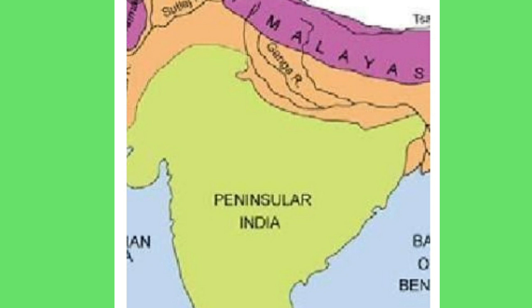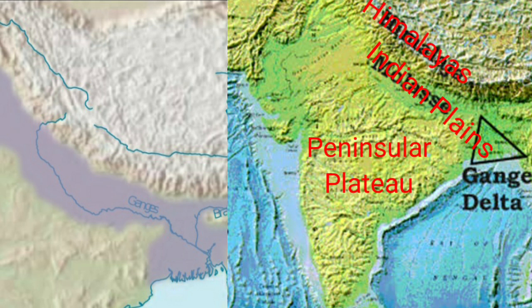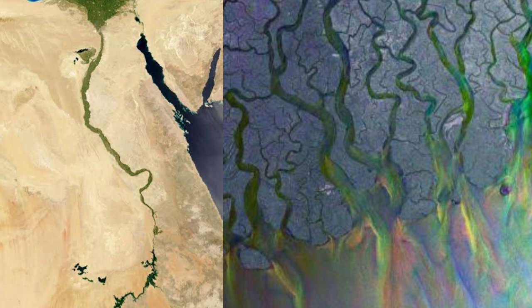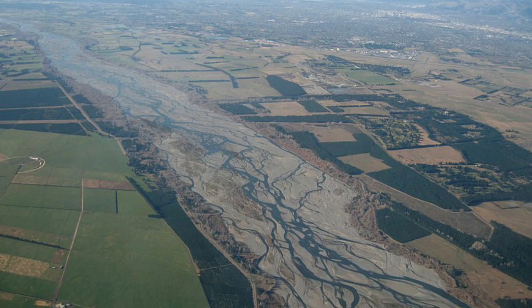This process led to the formation of a large basin between the Himalayas and the peninsular plateau. In due course of time, this basin slowly got filled with sediments deposited by the Himalayan rivers from the north and peninsular rivers from the south.